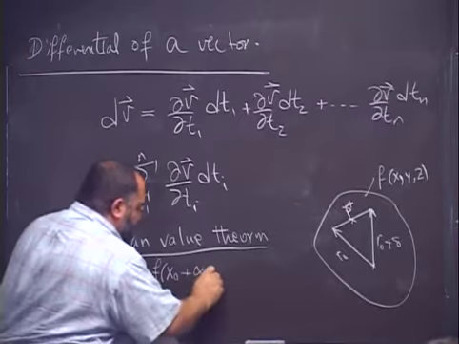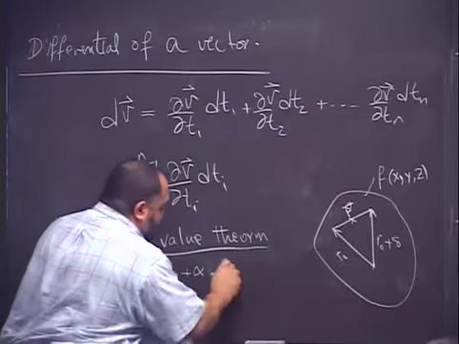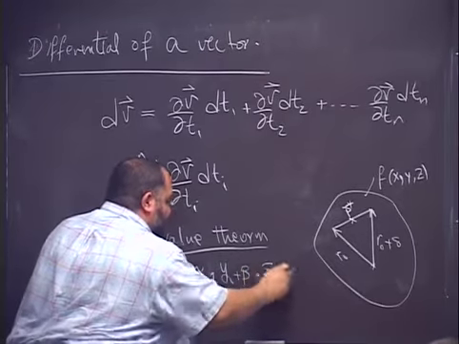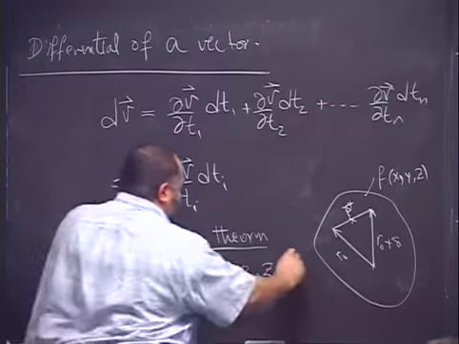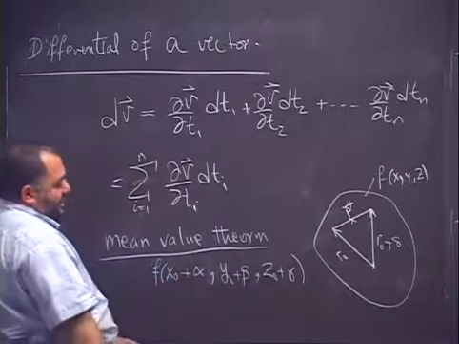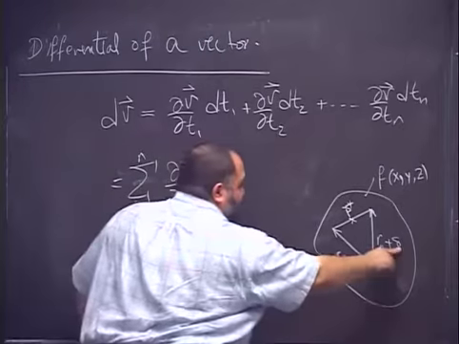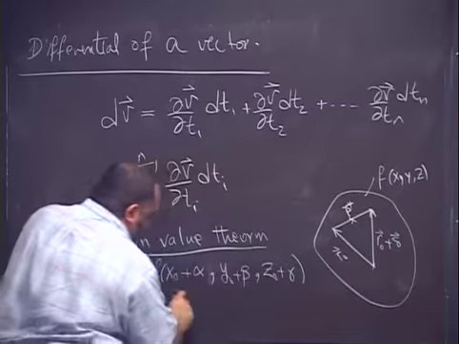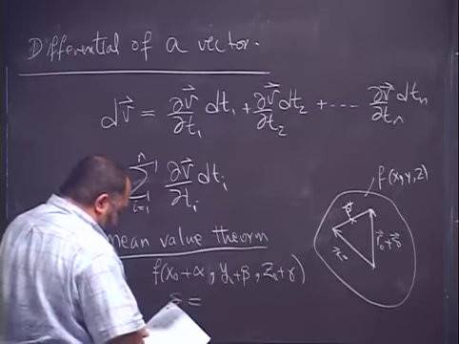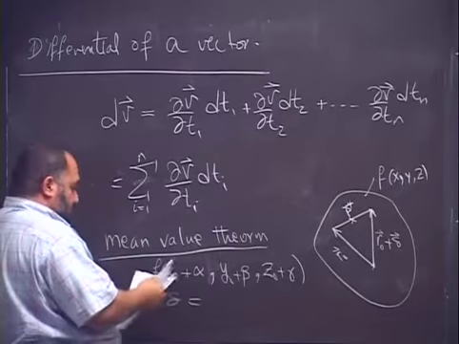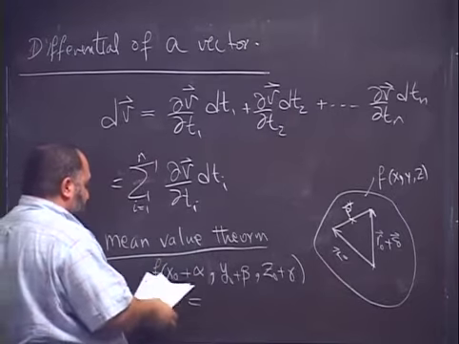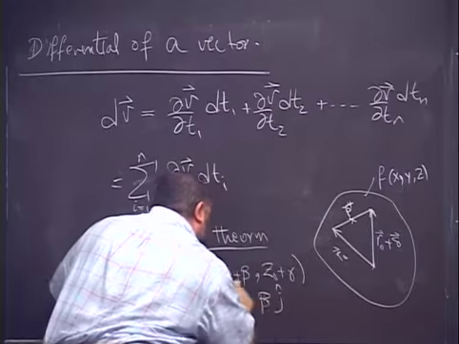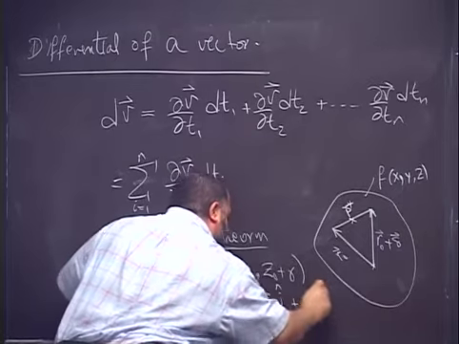plus alpha and y0 plus beta and z0 plus gamma, where alpha, beta, gamma are just the components of the vector delta. So vector delta is equal to alpha i plus beta j plus gamma k.